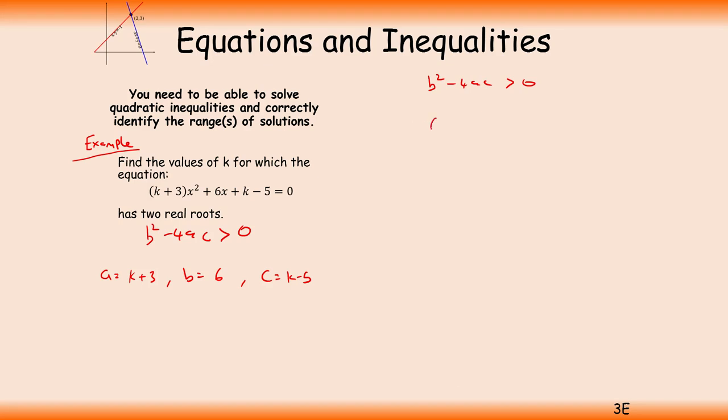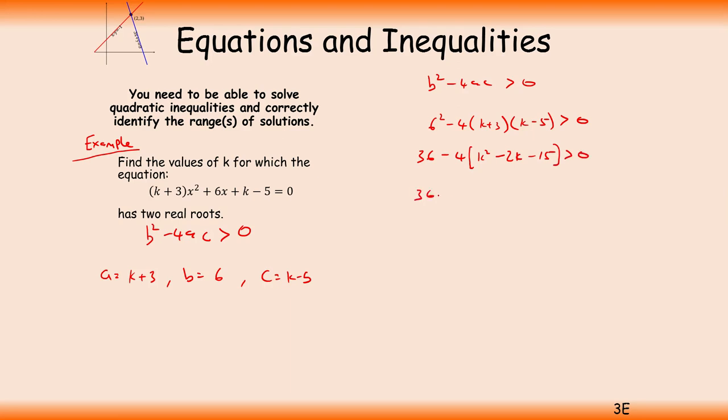So b is 6, so 6 squared minus 4 times k plus 3 times k minus 5 is greater than 0. So I've got 36 minus 4 into k squared. I've got minus 5 plus 3, so minus 2k minus 15 is greater than 0.